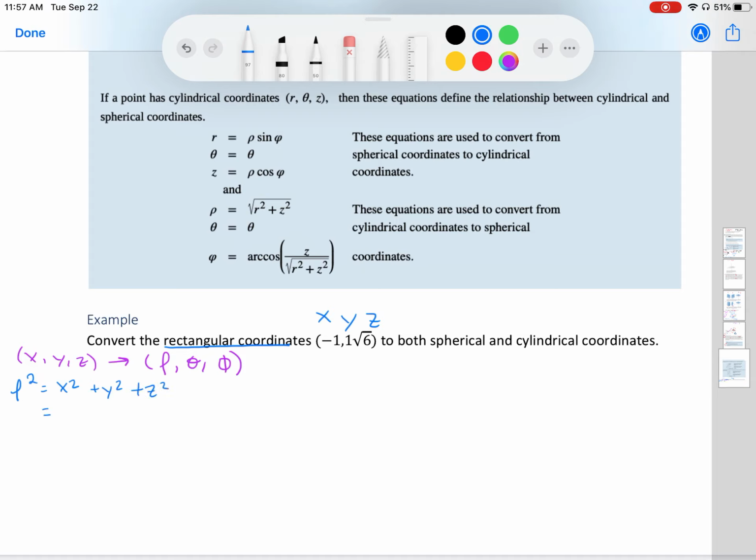Okay, we have x, y, and z, which gives us -1 squared plus 1 squared plus square root of 6 squared. So that gives us 1 plus 1 plus 6, we get 8. Rho squared is equal to 8. So then rho is equal to the square root of 8, which is equal to 2 square root of 2.